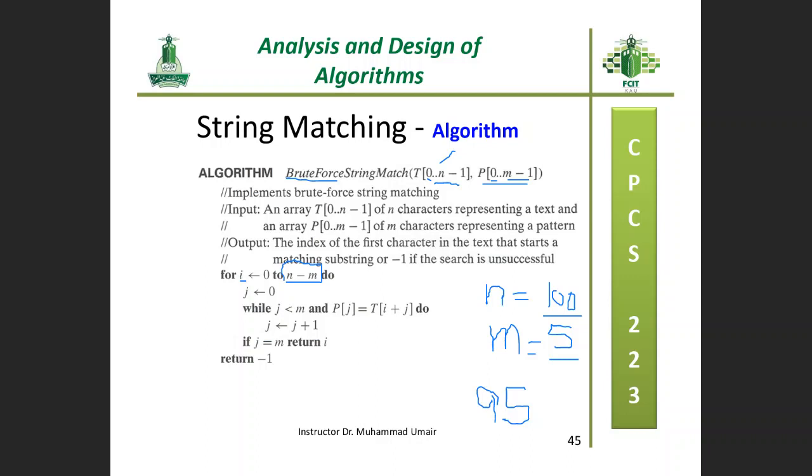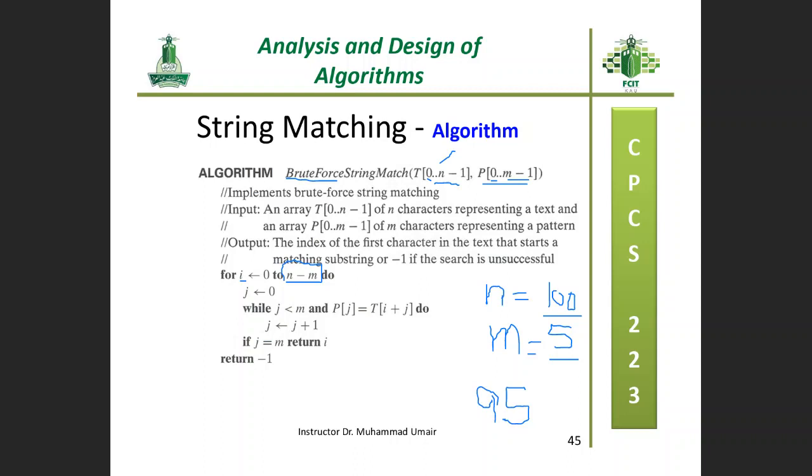That's why it is iterating till n minus m. Even if you iterate till n, there will be nothing wrong in the searching, but it will iterate more, which is unnecessary iteration for the algorithm design. Being a good designer, you should make it as efficient as it could be.